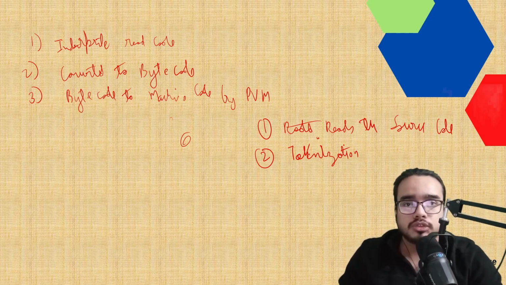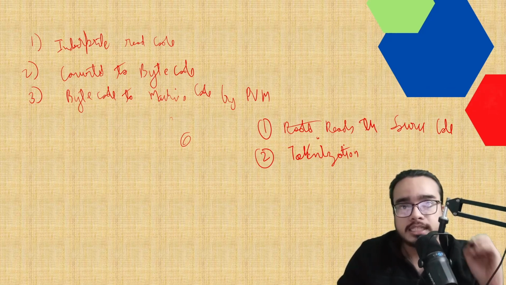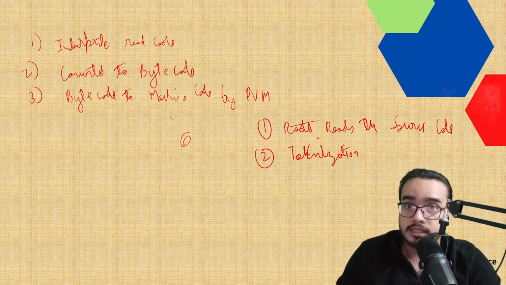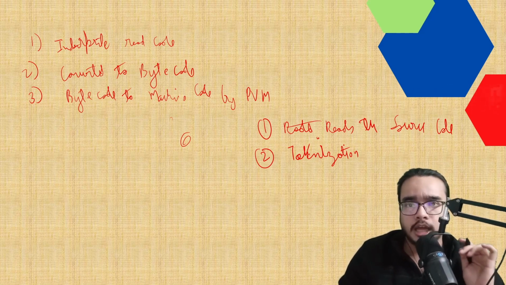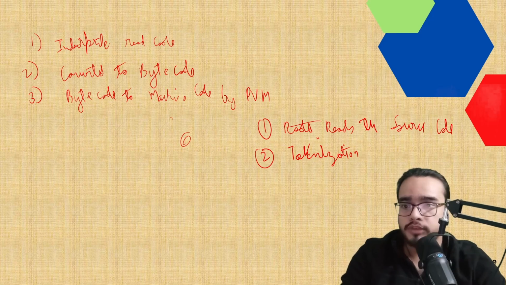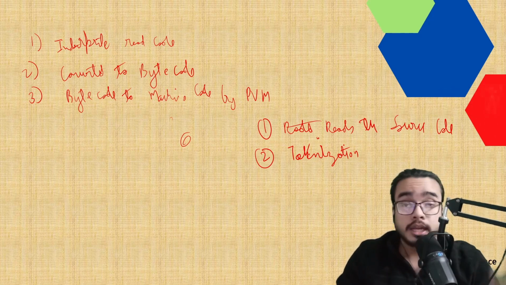Machine code is actually the program that a machine understands. If you want to go into much more detail, I'll attach a video on what machine code is and what high-level, medium-level, and low-level languages are. If you want me to create a video, do comment down below. But just understand this thumb rule: high-level language means it's for users, low-level language means it's for machines. So the first property of bytecode is that it's low-level code, not machine code yet.